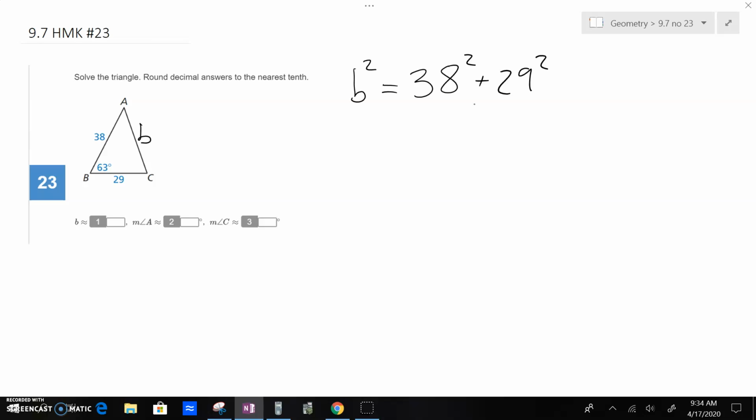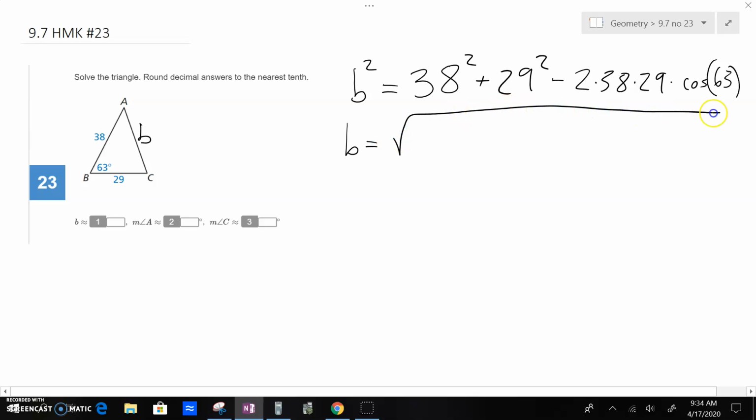You can write them in either order because when you add things, the order doesn't impact the answer. Then we've got minus 2 times 38 times 29 times the cosine of 63. So 38 squared plus 29 squared minus 2 times 38 times 29 times the cosine of 63. And then we're going to take the square root of all of that.